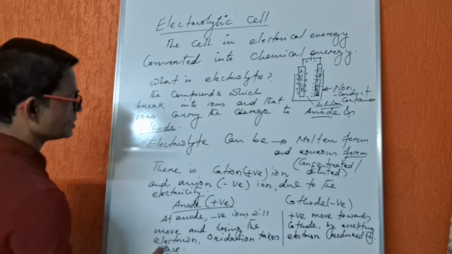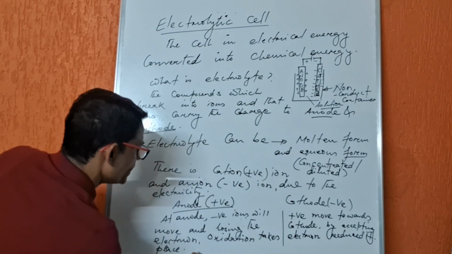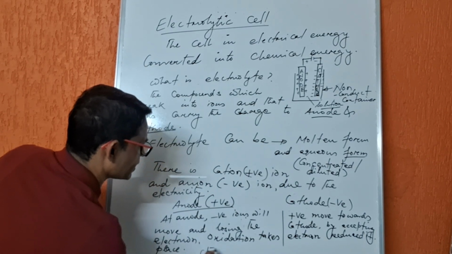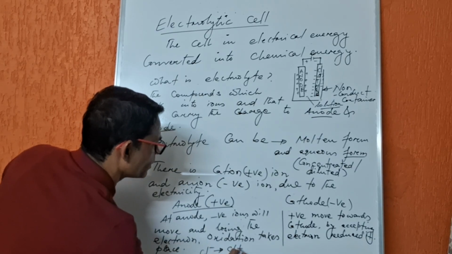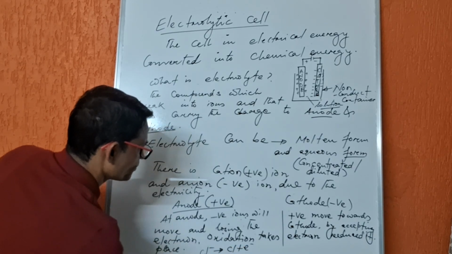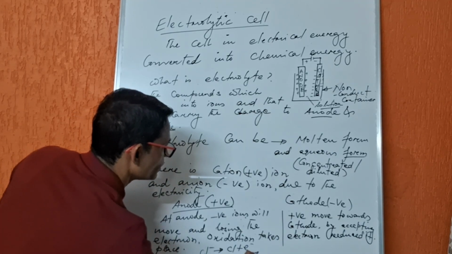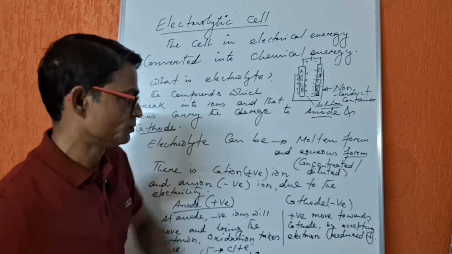So if we see here, at anode negative ion, say Cl minus, take an example, will lose the electron and form Cl, and Cl plus Cl will give Cl2, that means Cl2 is formed at anode.